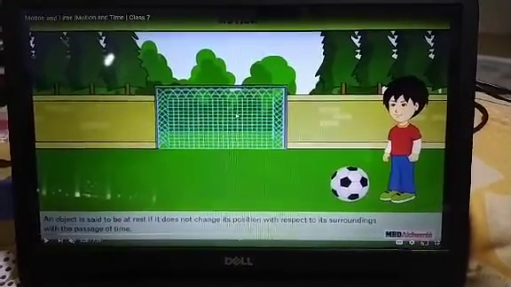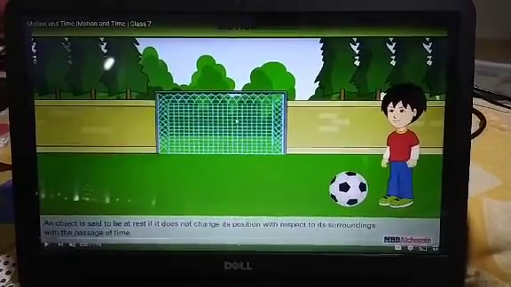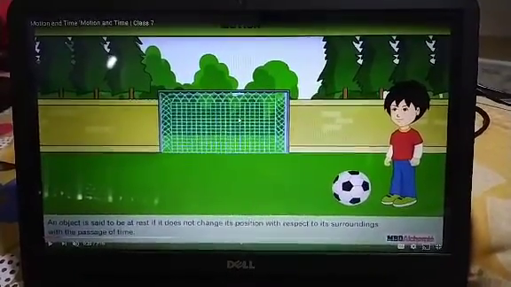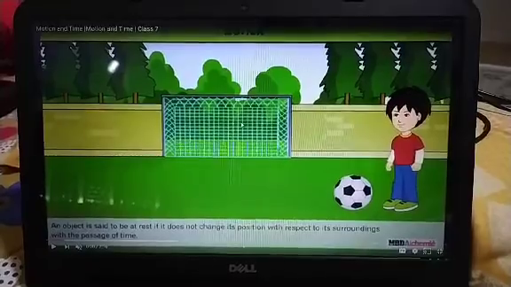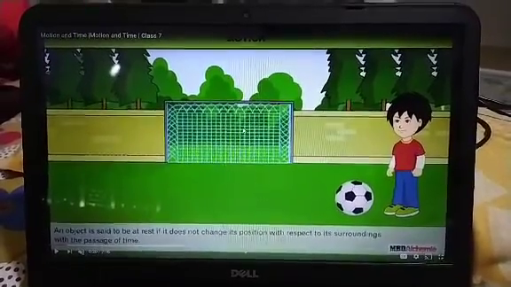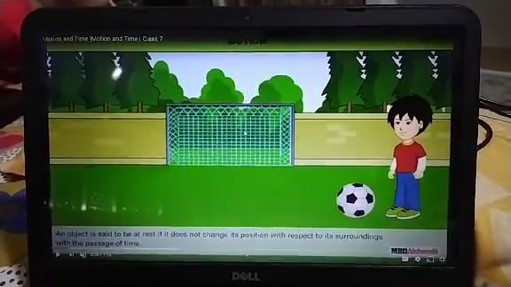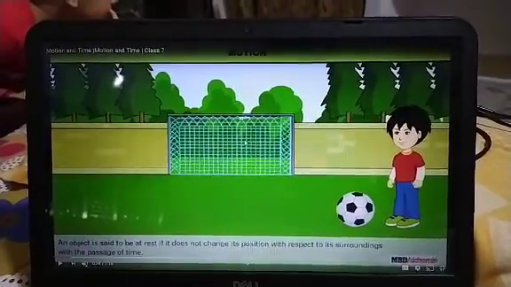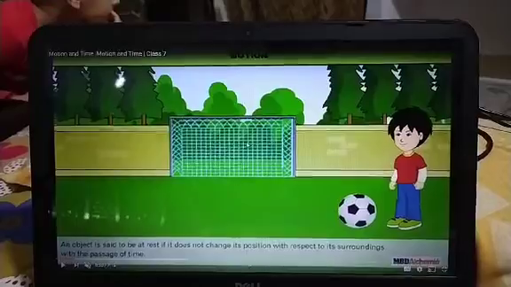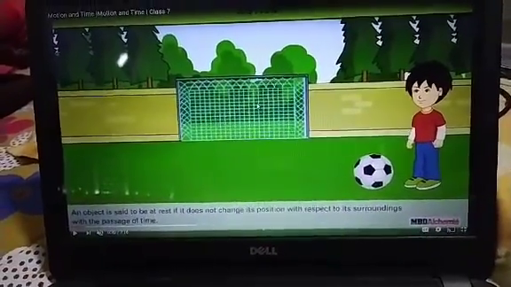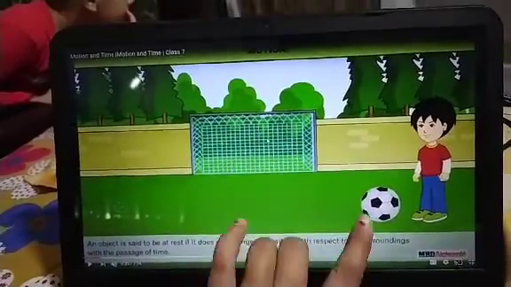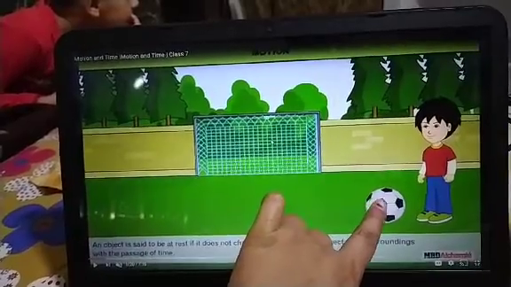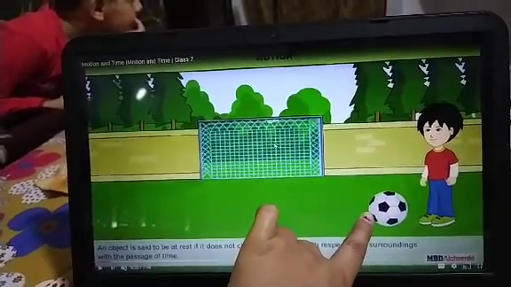We will call it a rest position. So an object is said to be in a rest position if it is not changing its position with respect to its surrounding with the passage of time. Clear? It means this ball will not change its position with respect to time.